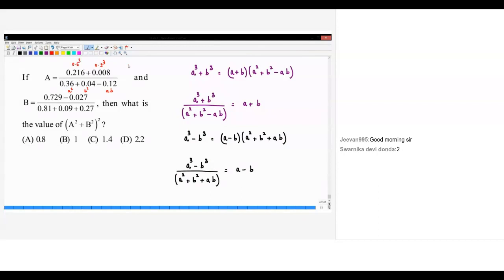Therefore, a plus b will come 0.8. A square, b square, ab. So a minus b will come, that is 0.6. So 0.8 square is 0.64. 0.6 square is 0.36. Whole square is 1 anyway.